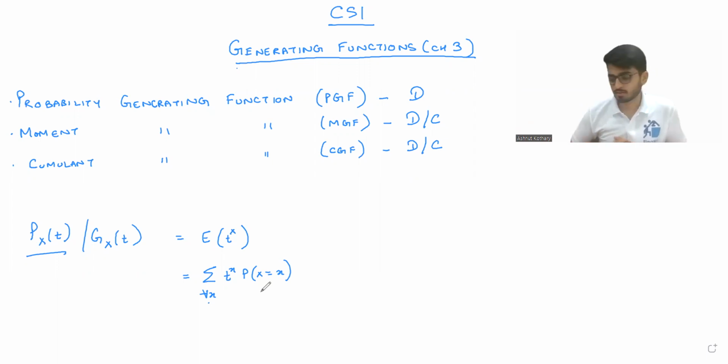Now after this, again write down: PGF can be used to generate a set of probabilities, namely the probabilities associated with the values 0, 1, 2, and so on.